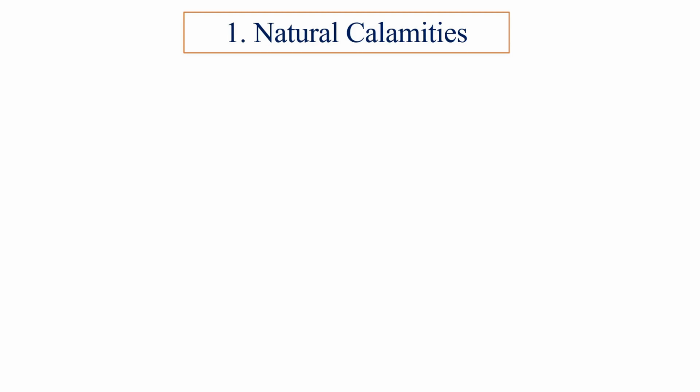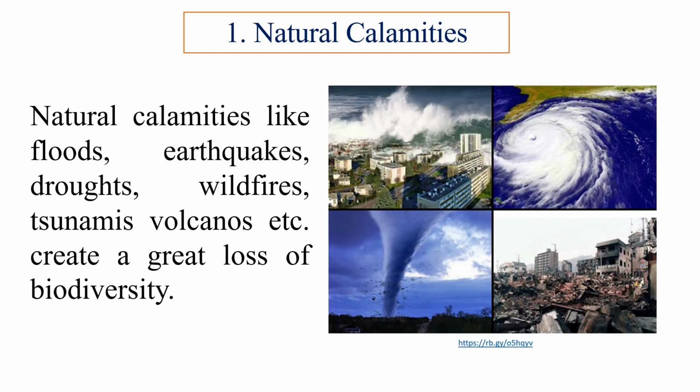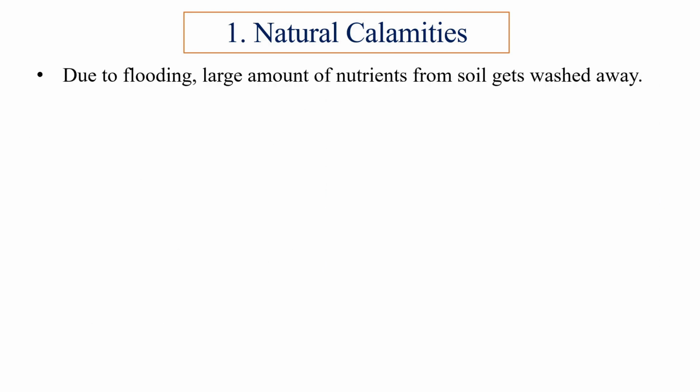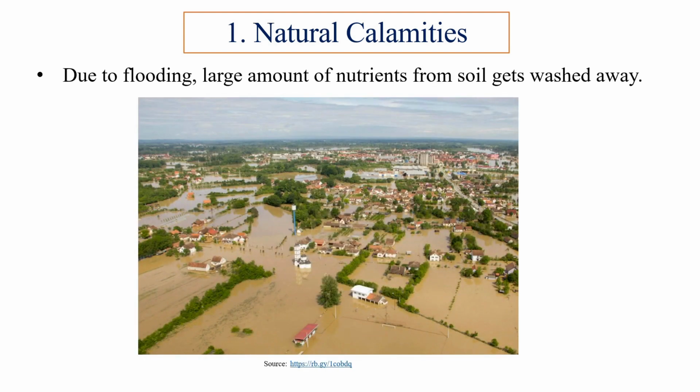Natural calamities like floods, earthquakes, droughts, wildfires, tsunamis, volcanoes, etc. create a great loss of biodiversity. Due to flooding, a large amount of nutrients from the soil gets washed away.